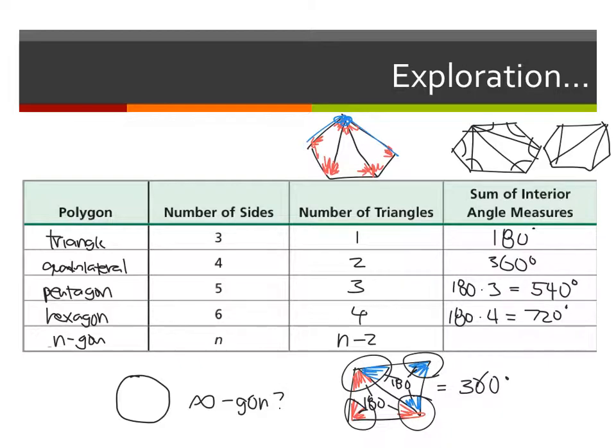So you know that it's going to split into 3 triangles for a pentagon, and 4 for a hexagon. That means since each triangle has a sum of interior angle measures of 180, it'd be 180 times n minus 2.